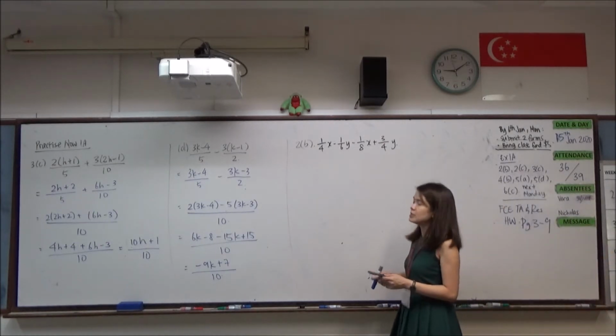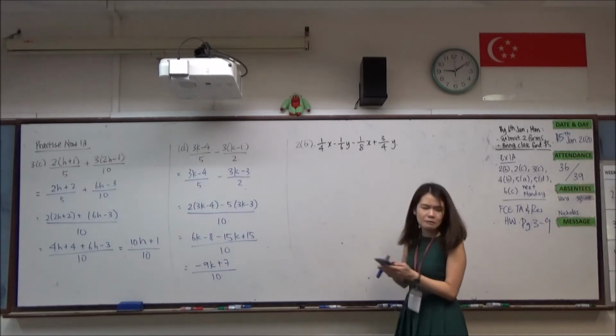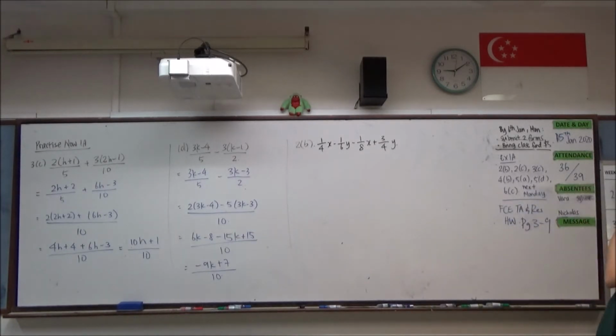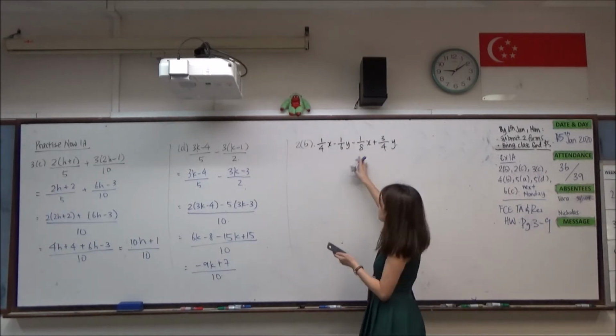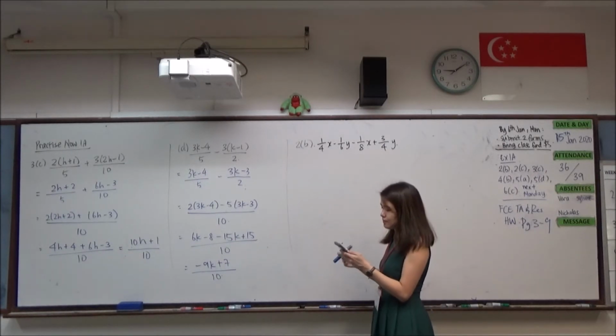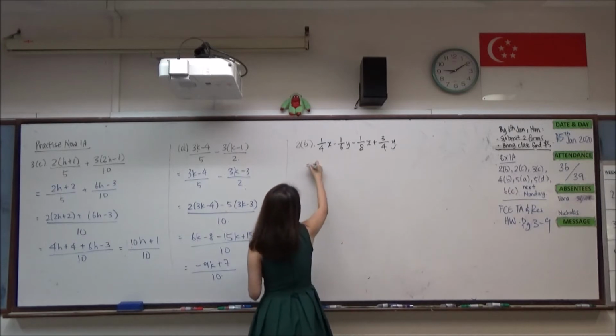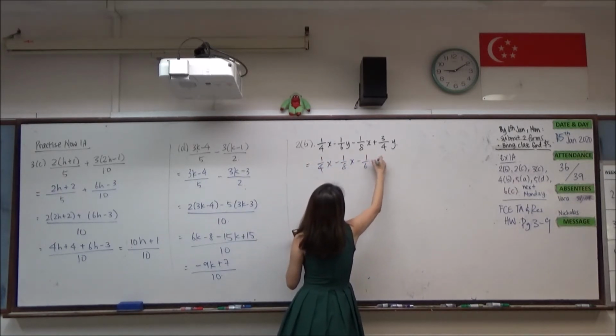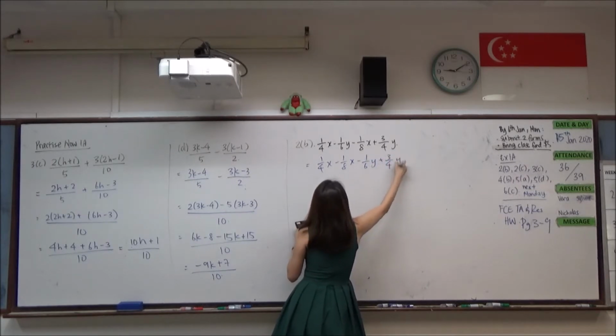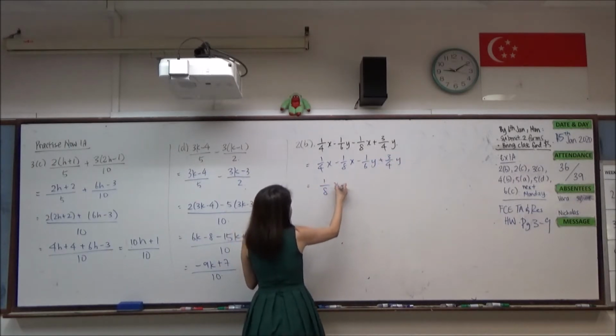The answer that was presented for 2B, even myself, I think my answer was not right, not sure why that happened. So 1 quarter x minus away 1 over 8x, that will give us 1 over 8x.